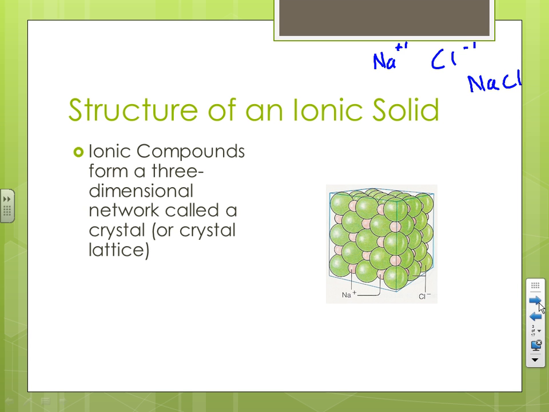What we find out is that in an ionic solid, any ionic solid, it works for sodium chloride, but it works for any other ionic solid, aluminum chloride, potassium chloride, calcium chloride, we find the same thing: these ionic compounds will form a three-dimensional network called a crystal, or sometimes we will refer to it as a crystal lattice.